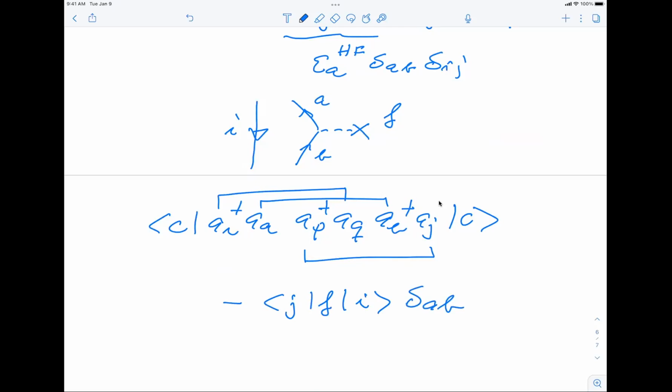No, because what I can do now, I can always interchange the creation and annihilation operators. If you look at that, A and AI can be interchanged, but with a minus sign, and these two here can be interchanged. So J comes there, and then when I take the contractions, I still have a crossing line.